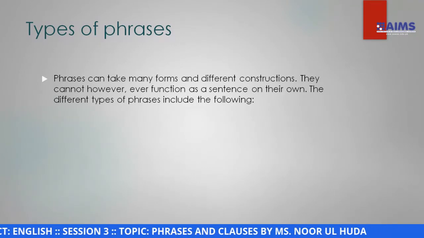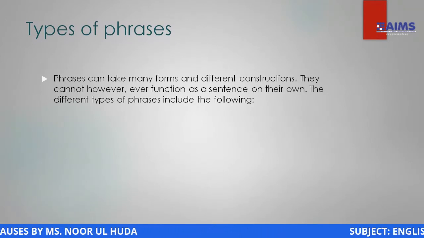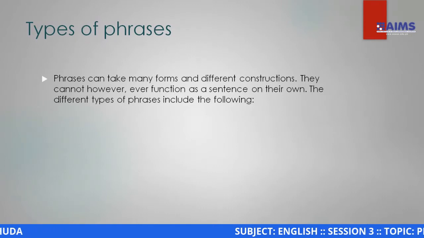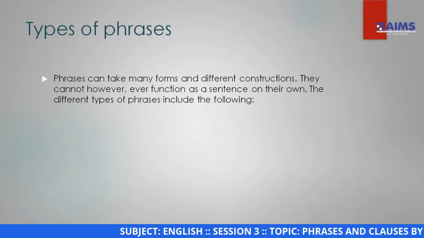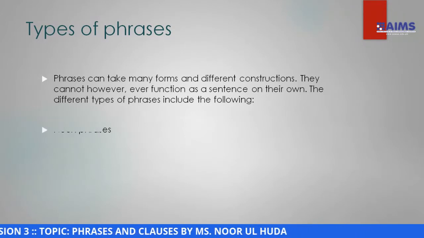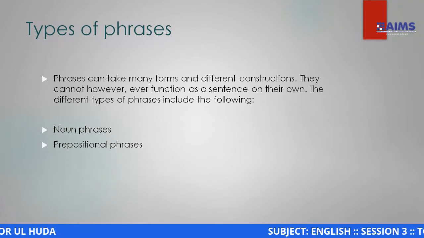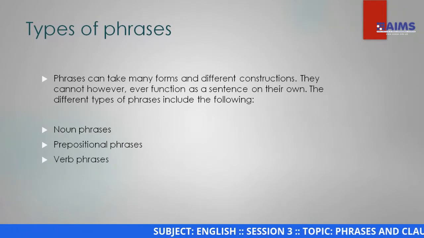But on the whole, we will always be on this line: a phrase cannot stand alone. They cannot become a whole sentence. The different types of phrases include the following: noun phrases, prepositional phrases, and verb phrases.